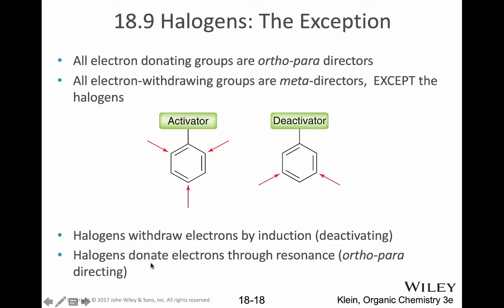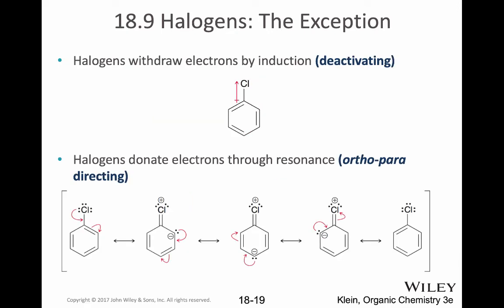When you look at the intermediates, those ortho-para intermediates become more stable due to electron donation. The halogens are deactivating from induction because inductively they remove electrons from the aromatic ring, making the nucleophilic attack harder to do. If these electrons are being pulled this way, that first step, the nucleophilic attack, becomes harder.